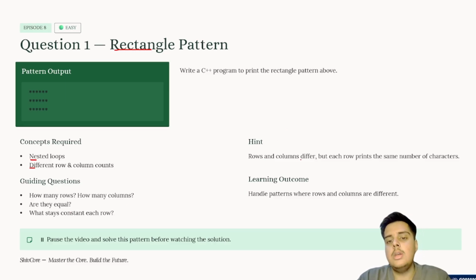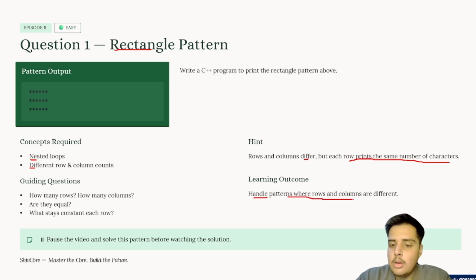The hint for you is that rows and columns differ, but each row prints the same number of characters. The learning outcome here is to handle patterns where rows and columns are different. So pause the video, solve this pattern before watching the solution.